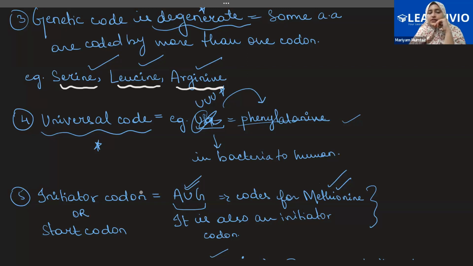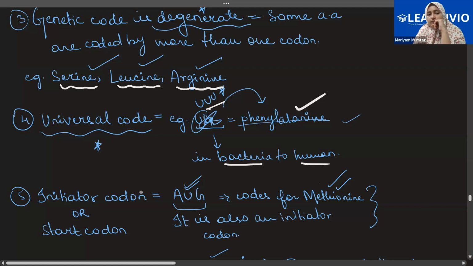Then the fourth is that it is a universal code. Universal meaning it is applicable to every single organism. For example, if triple U codes for phenylalanine, then it codes for phenylalanine in bacteria as well as in human beings. So it doesn't matter if the organism is prokaryotic or eukaryotic. It is universal for all.